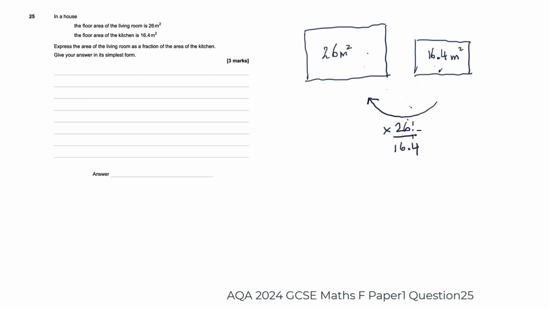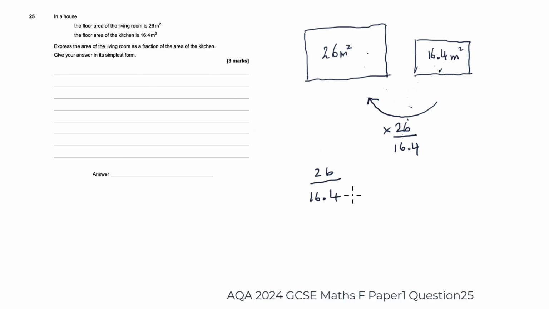So that's the fraction we're looking at. 26 over 16.4. And this has to be bigger than 1 because that living room is bigger than the kitchen. So how on earth do we work out this? We have to write it as a decent fraction without decimal points and so on. So how do we get rid of this 0.4?